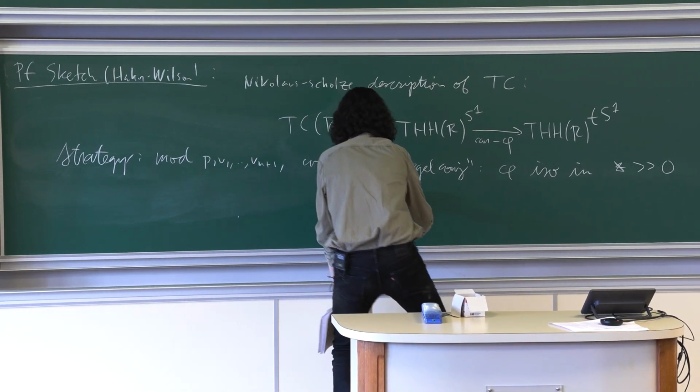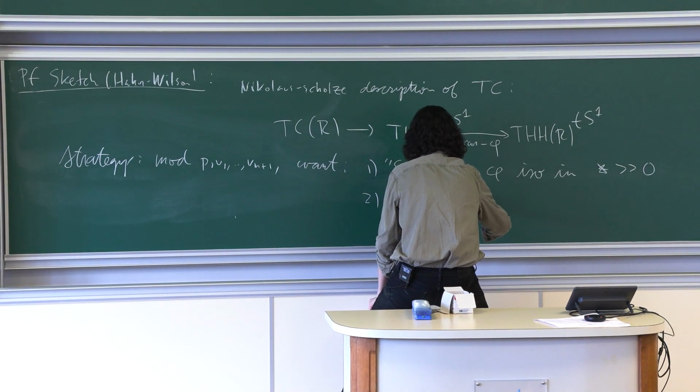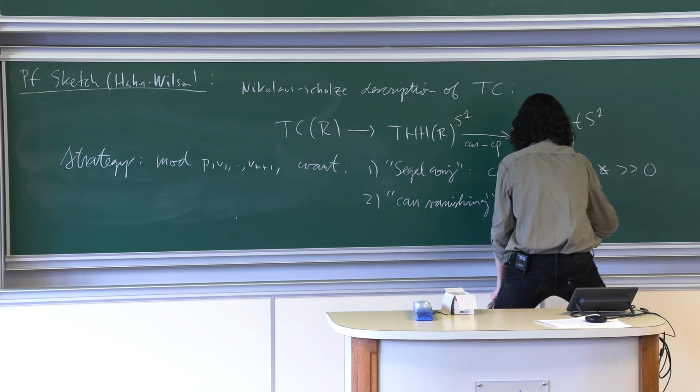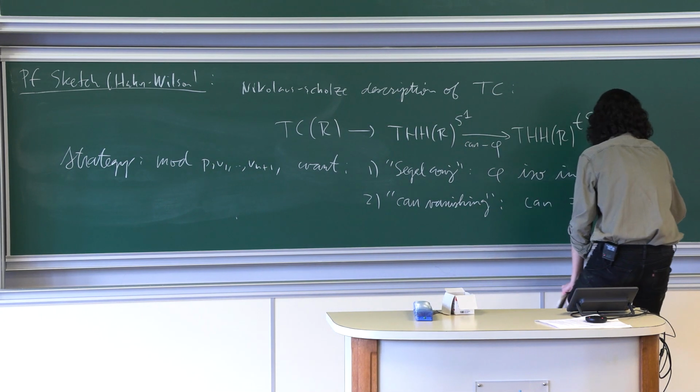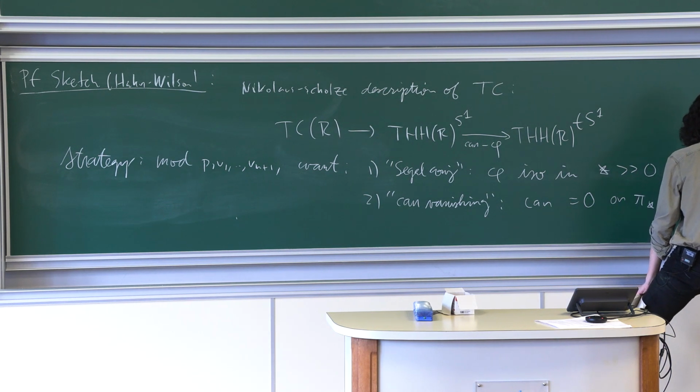And the second thing, which they call canonical vanishing: can equals 0 on homotopy in high enough degrees.